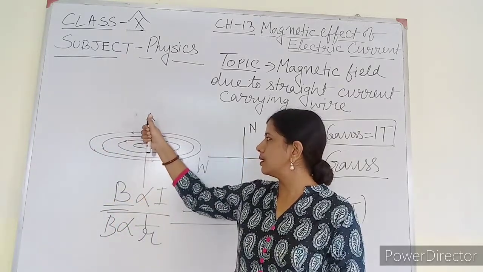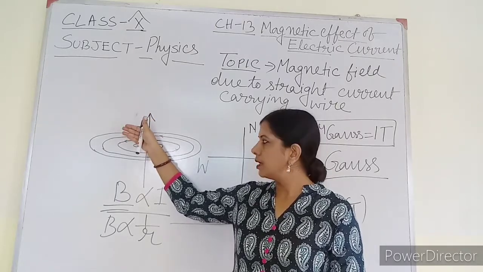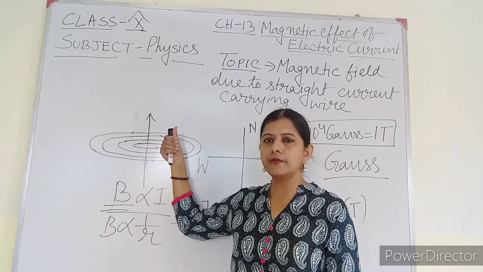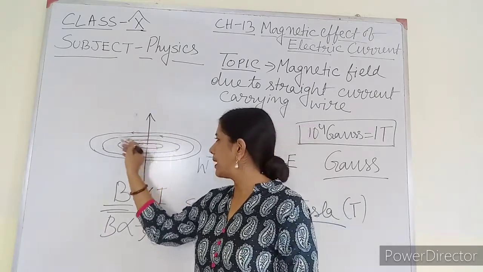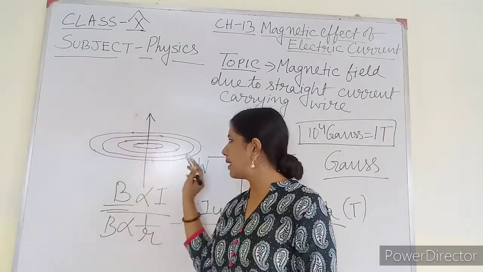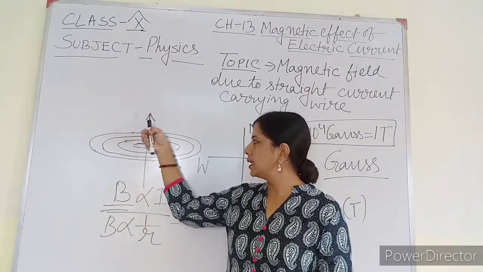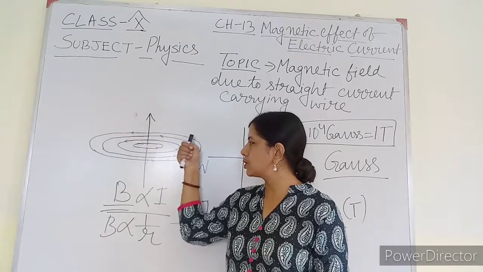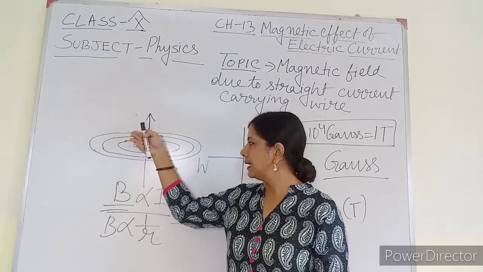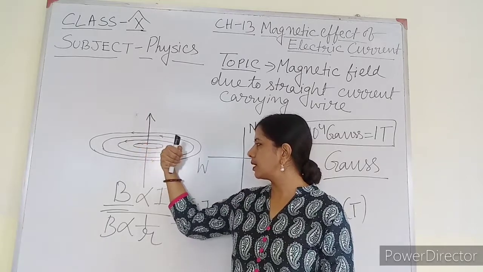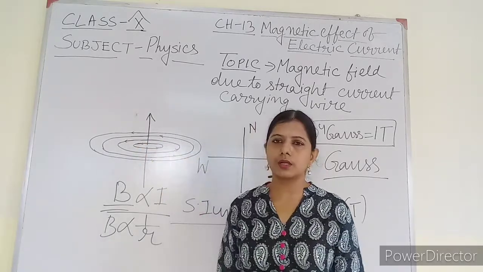So this is the current carrying wire. My finger is curling in this direction. This is the way my finger is curling. So the arrow can be seen. I have drawn the arrow beforehand. You can see how it is curled. The fingers are curling in this direction, so the arrow is here. Here at this position, the curl is in this direction.